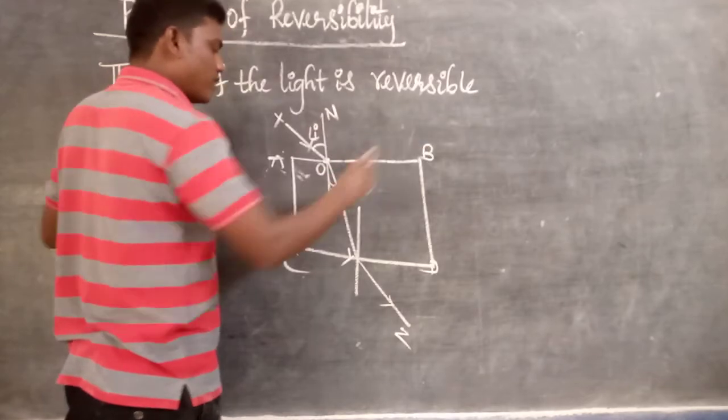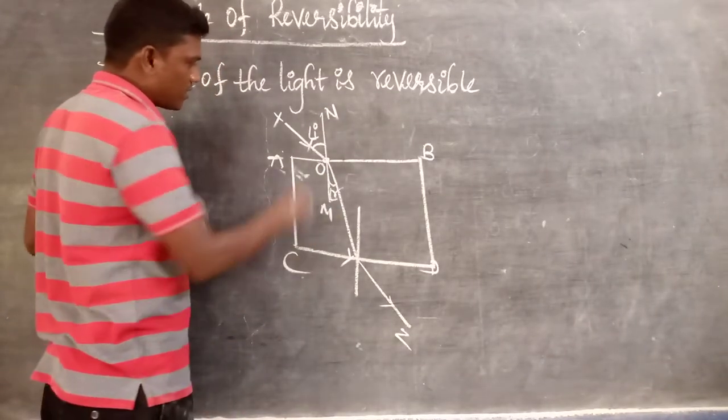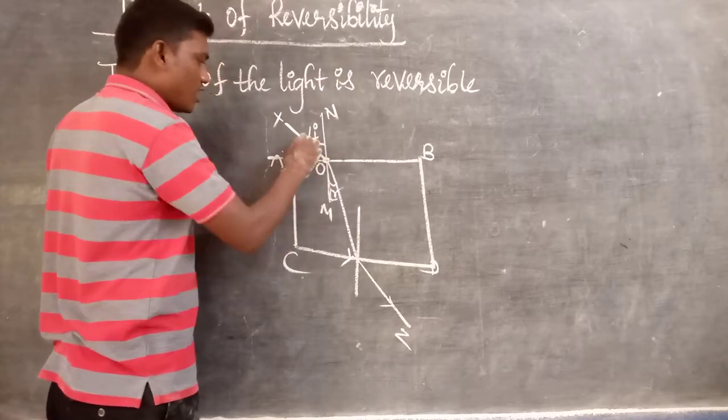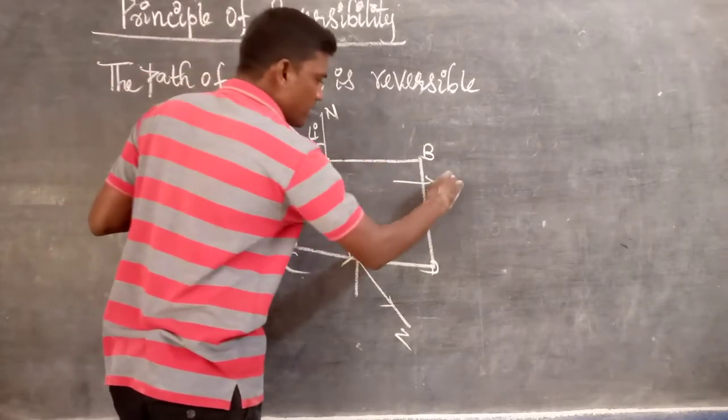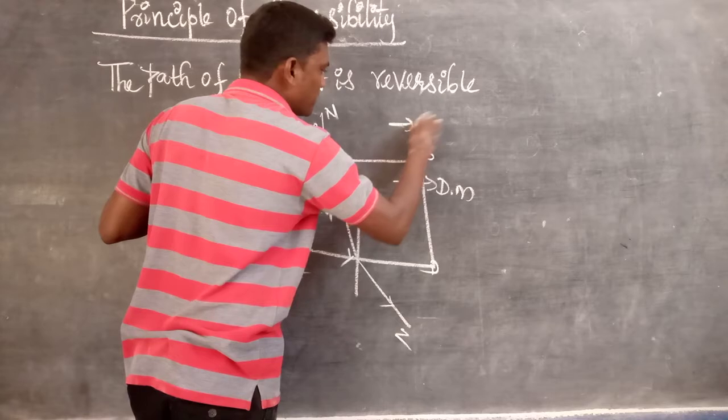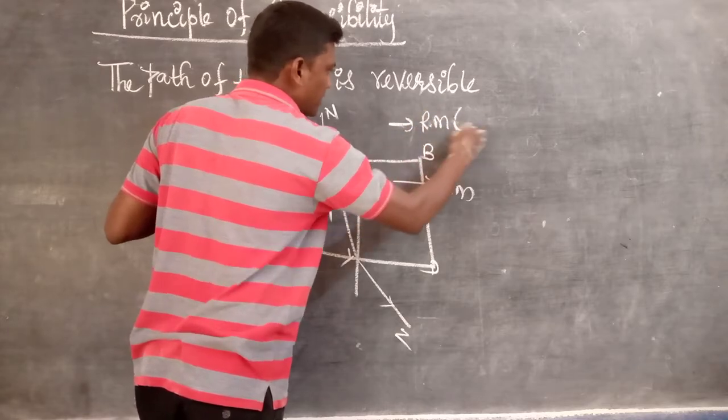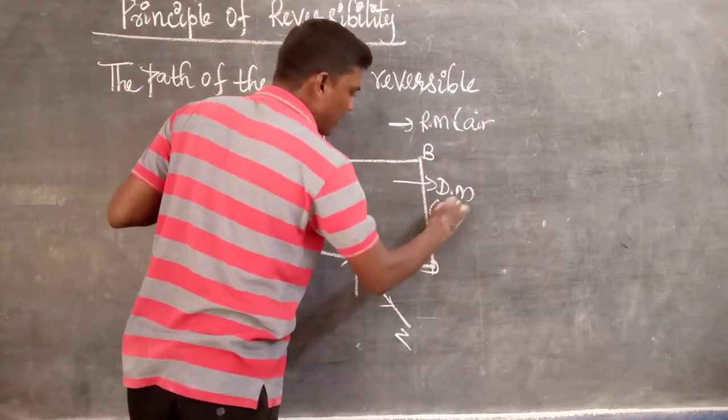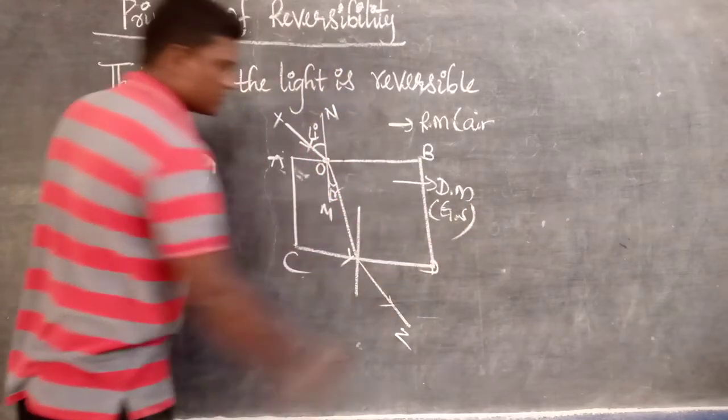NM is the normal for OAB. So it is the incident ray. Now, for example, which medium is this? Denser medium. And which medium is that? Rarer medium, because it is the glass slab. We know that.